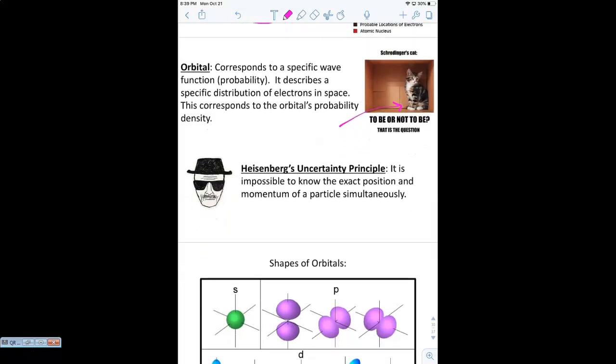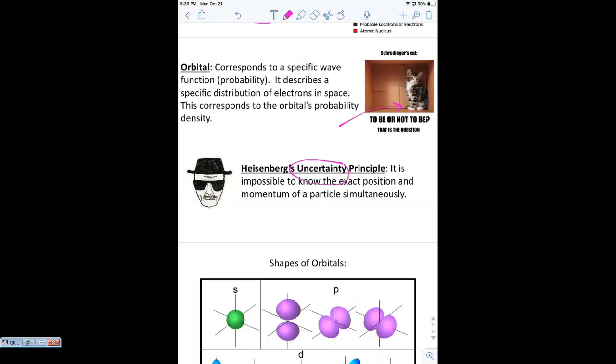Heisenberg was another scientist who contributed to our understanding of how atoms, or rather their electrons, behave today. The uncertainty principle says that electrons are way too tiny and move way too fast for us to be able to know their exact position and speed at the same time.